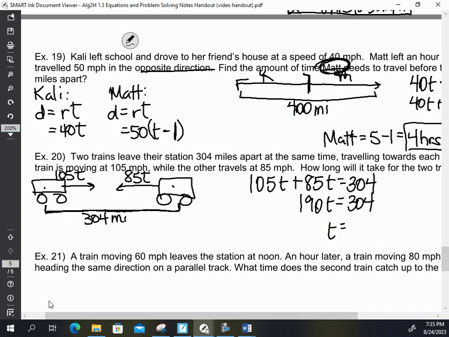Divide on both sides so you get a nice decimal. 1.6 hours. 1.6 hours, they'll meet each other. There you have it.